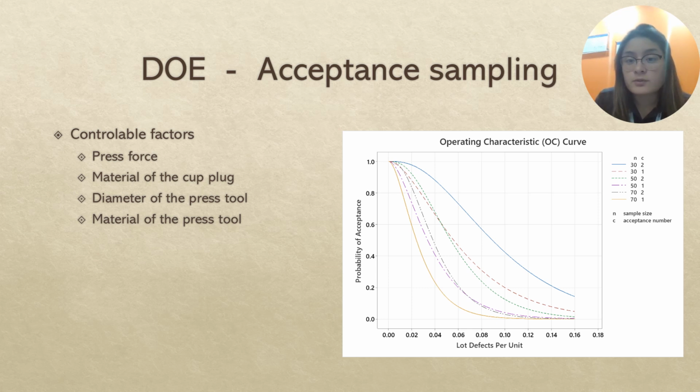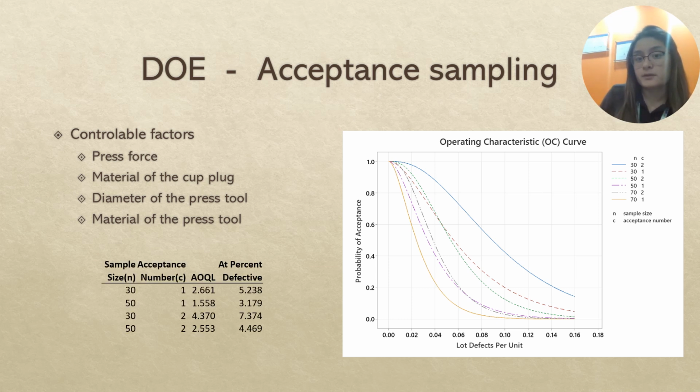The best behavior is when we have 70 as the sample size and 1 as the acceptance number. But this is a little bit hard because reviewing a sample of 70 takes longer than we expected, and we cannot be running at the same time to complete the measurements. So that's why we are taking the 50 sample size and also the acceptance number of 1.